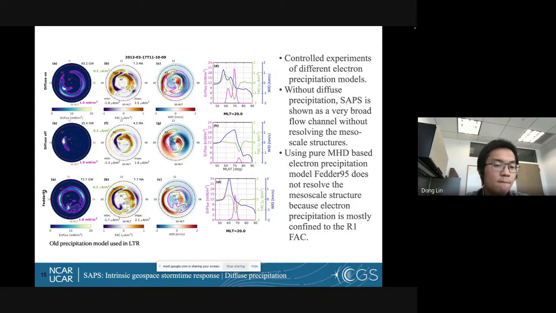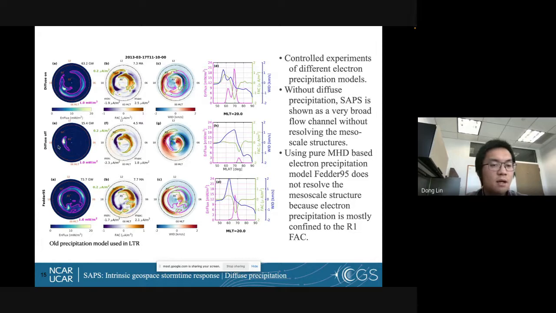The default presentation in RFM or LTR was purely based on the MHD parameters. That's not so good at resolving the actual location of the diffuse precipitation. So this is a demonstration of how a good characterization of the diffuse precipitation is important, especially in resolving mesoscale structures like SAPS, as we're talking about here.